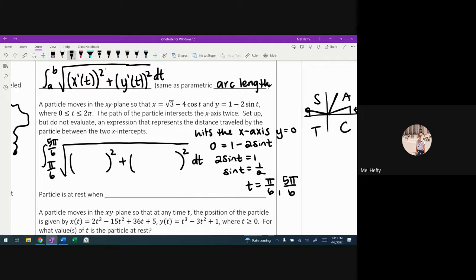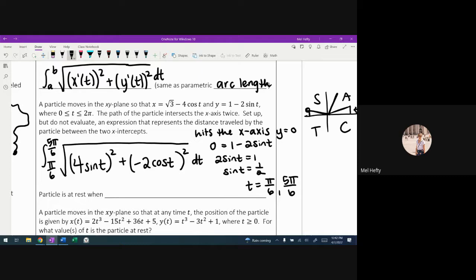So I think this is going to be positive 4 cosine t. Oh, sine. What am I doing? Positive 4 sine t. Yes. Okay. Thoughts on 1 minus 2 sine t? Negative 2 cosine t.